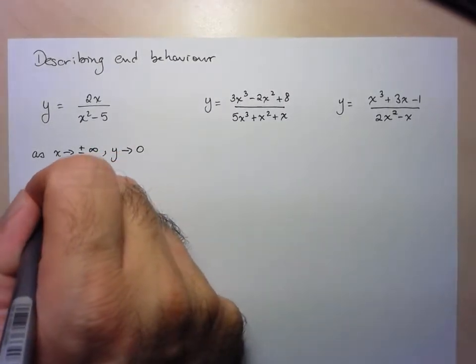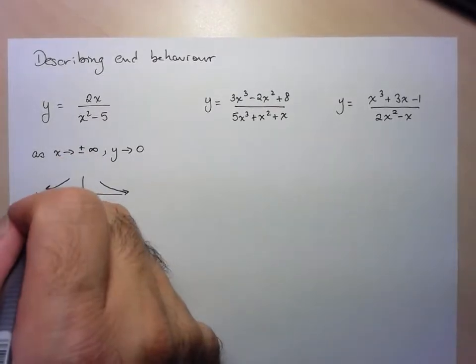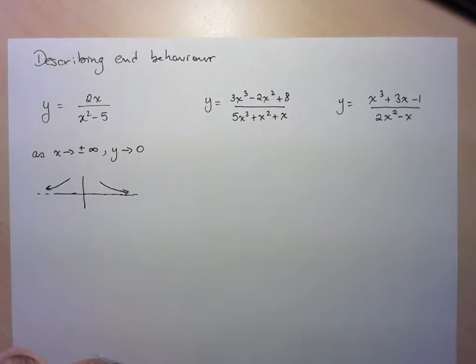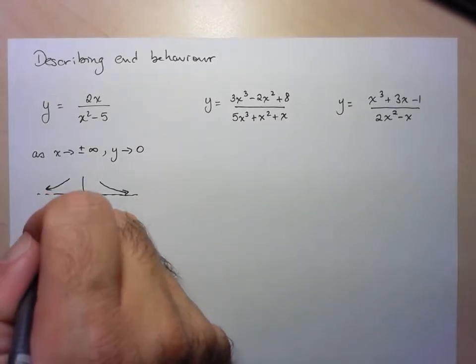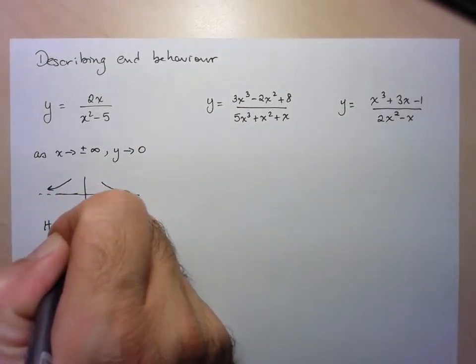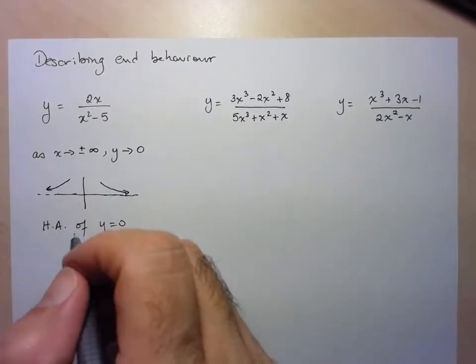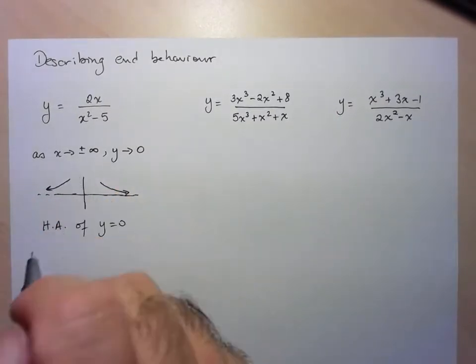Essentially what you have is a horizontal asymptote at y equals 0. Okay, so another way of stating this end behavior is to say there is a horizontal asymptote of y equals 0. This would be another acceptable way of saying the same thing.